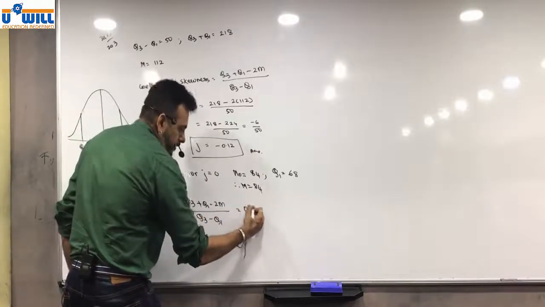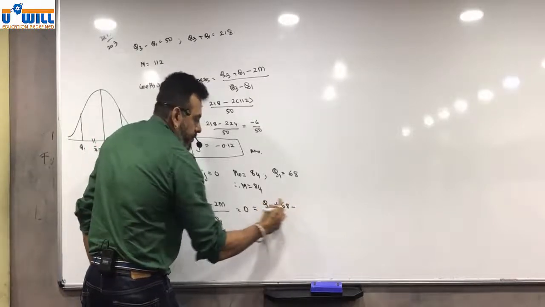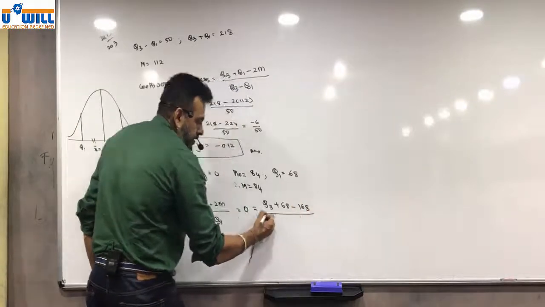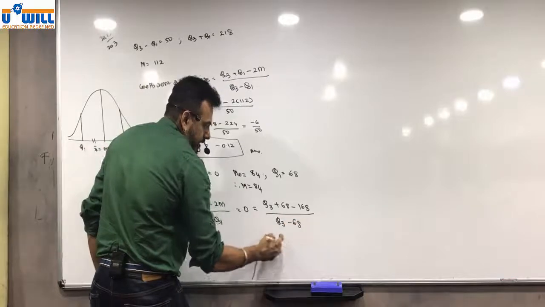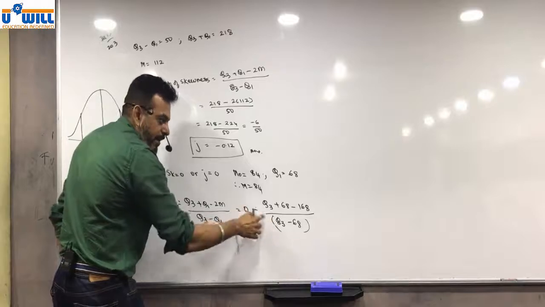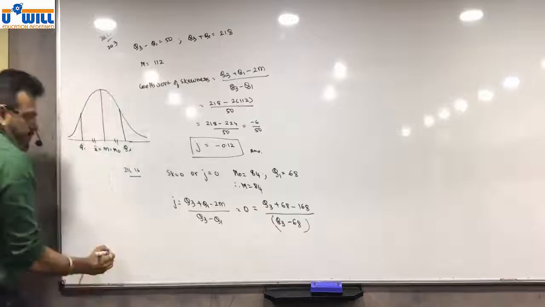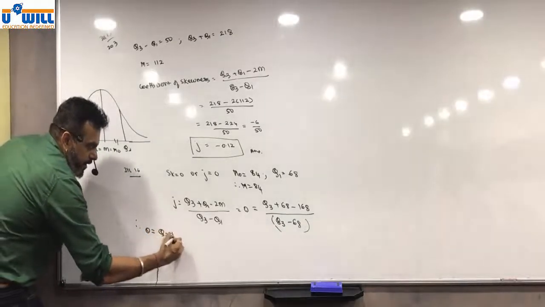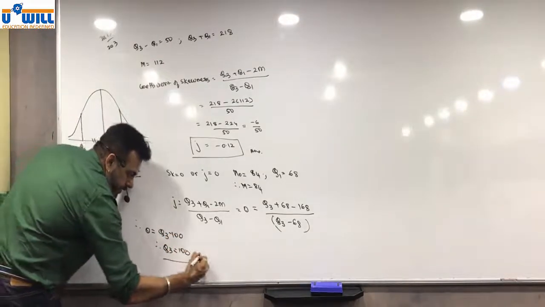So Q3 plus 68 minus 2M, so 168, upon Q3 minus Q1, which is 68. Now this denominator goes to the other side, multiply and it becomes 0. But obviously, therefore 0 is equal to Q3 minus 100. Therefore Q3 is equal to 100.